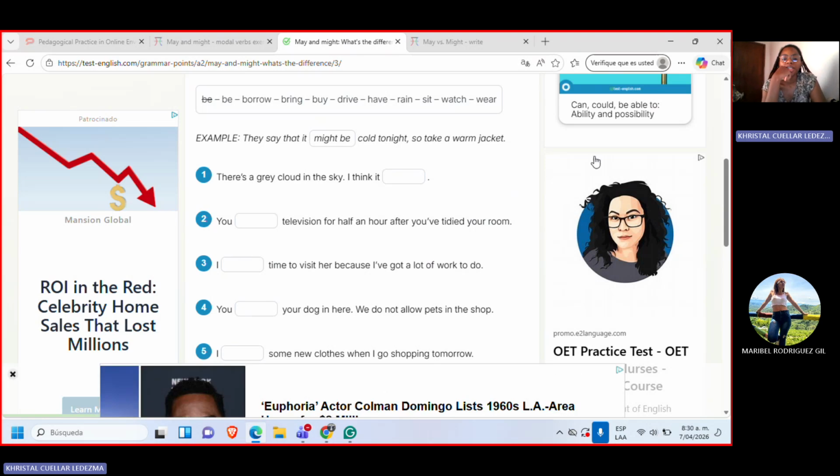Okay, so let's see. There is a great cloud in the sky. I think it rained.